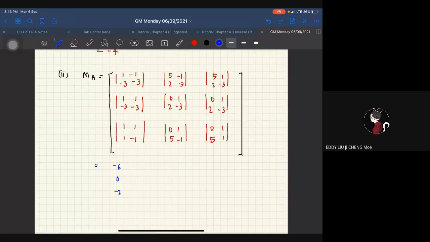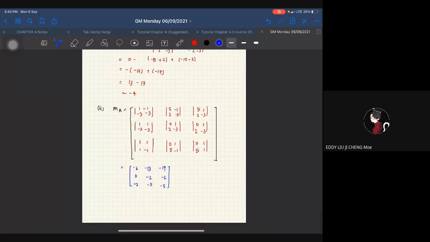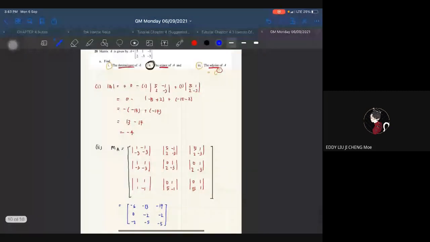And then it's negative 13, 13, negative 2, negative 5, negative 17, 17, negative 2, negative 5. Okay. Awak baru kira kan? Okay. Good. Alright. So this is the minor for matrix A. Okay. So settle the second part.